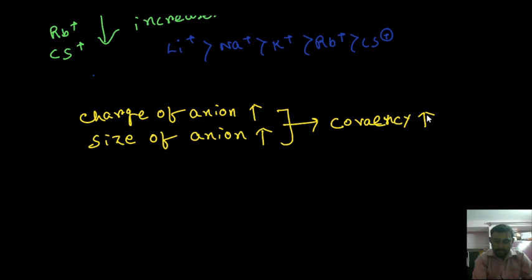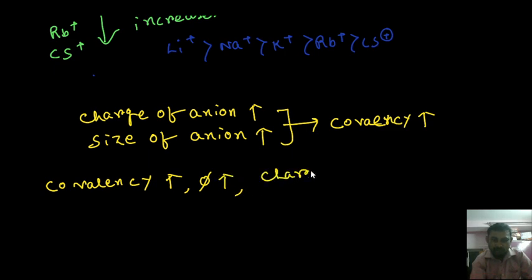So we can tell from that, covalency increases means phi increases, and when phi increases, the charge of the cation increases and the size of the cation decreases, C for cation.